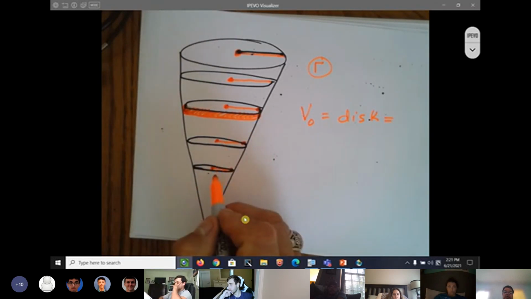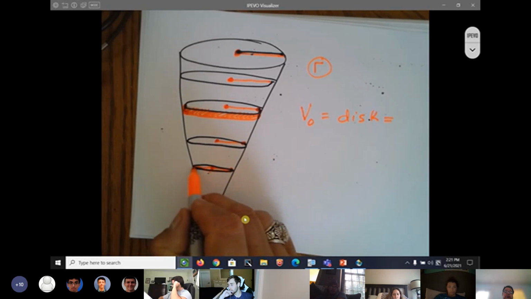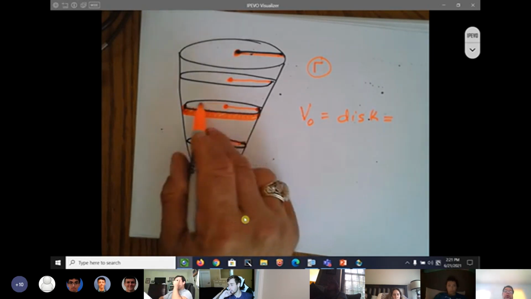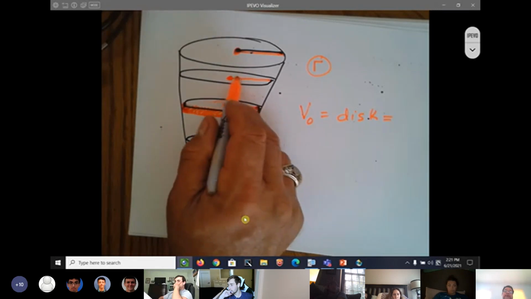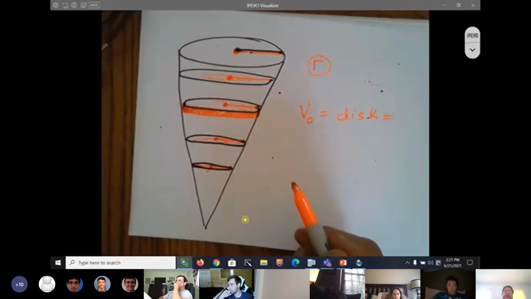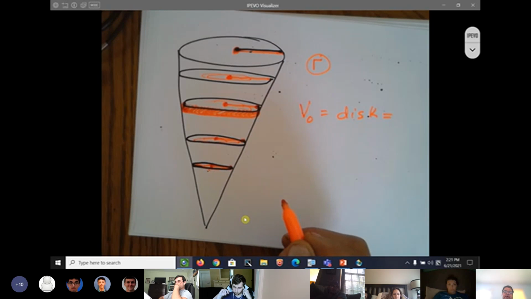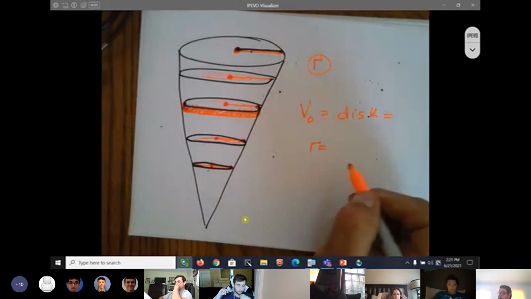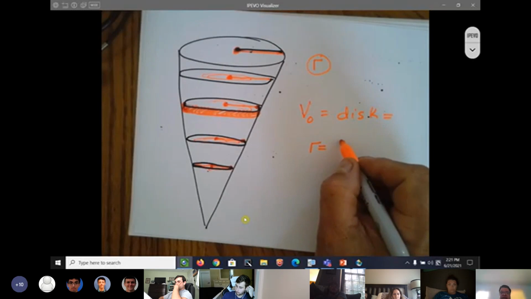All right, let's say this is a dime. This is a nickel. This is a quarter. And this is a 50-cent piece. Okay, the radius on all of them are different. So all I care about is the radius in regards to the height.